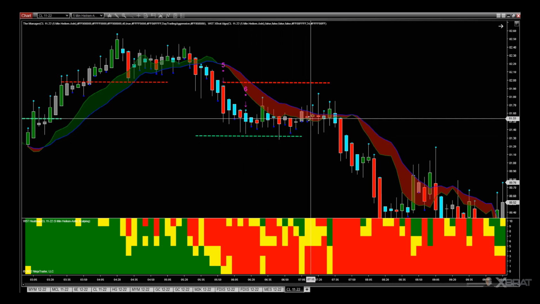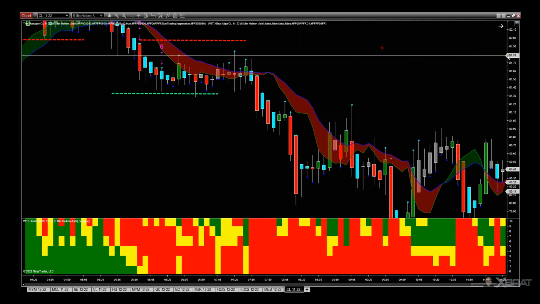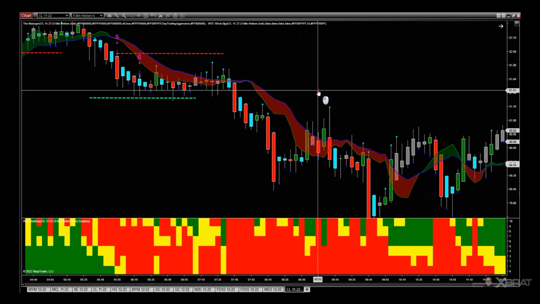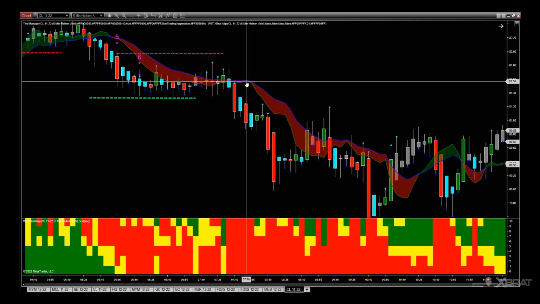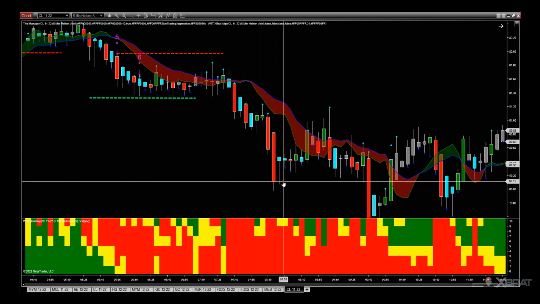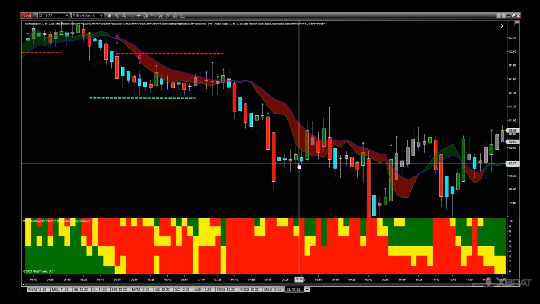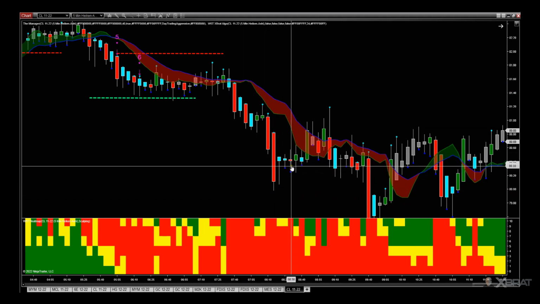We go sideways for a while, doesn't take out the stop, and then it just pushes down with quite a lot of force here. We see that the ribbon remains red at this point, comes back down. We have a pullback, but that pullback has dots below the candles or no dots at all.